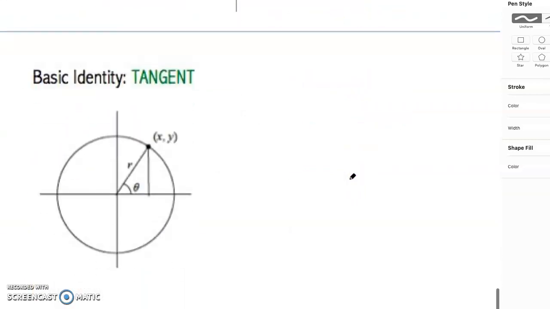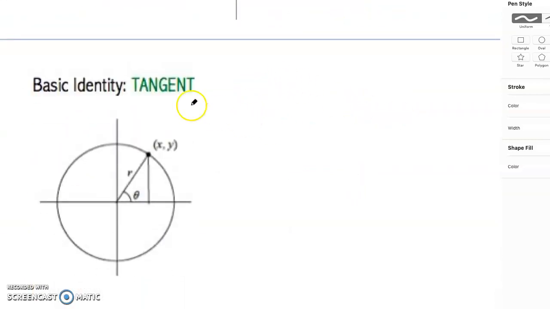The last thing that we want to talk about is an identity that's called the tangent. So you learned about tangent with right triangles. The tangent of an angle is equal to the opposite side over the adjacent side. And here we know that cosine is our x value and sine is the y value.